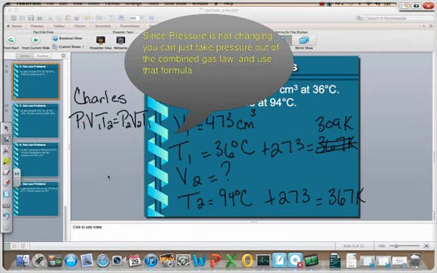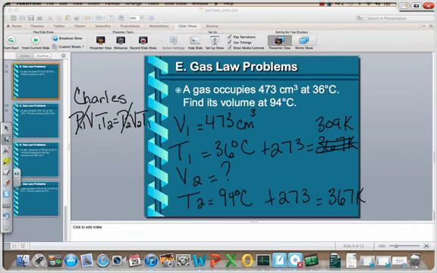We're only changing volume and temperature here. Pressure should be held constant, so since pressure is not changing, we're just going to get rid of that. So the formula we're going to use is V1 times T2 is equal to V2 times T1.